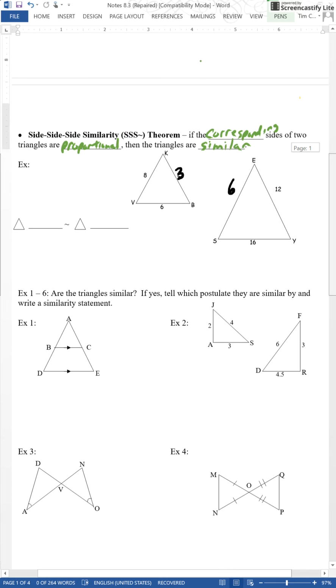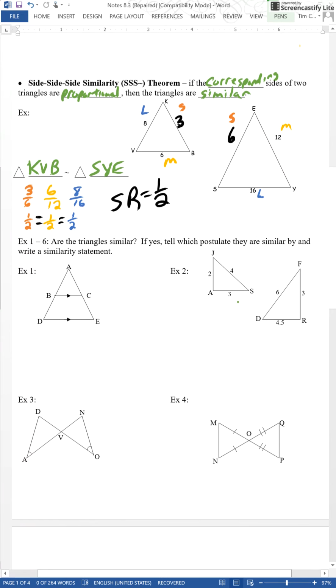and if we look down here, we have the side-side-side theorem. So if we can prove that all the sides are proportional, the same similarity ratio, this is what I'm looking to prove. Okay, and as you can see, I label my sides. So here's my small side, my small side.